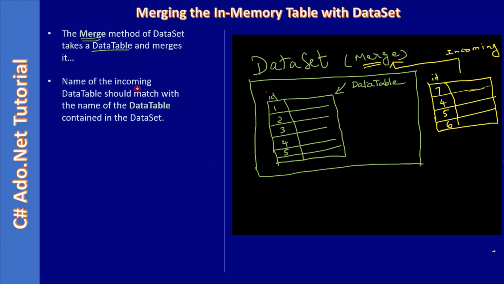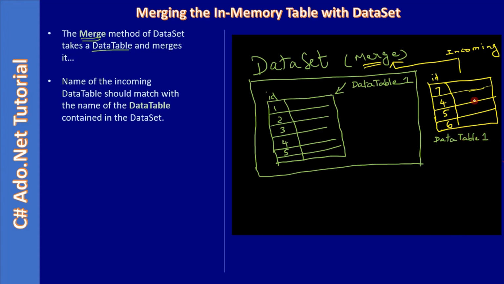The name of the incoming data table should match with the name of the data table contained in the dataset. Say for example, if it is named as data table 1, then the incoming table name should also match with that. We should have data table 1 here as well.